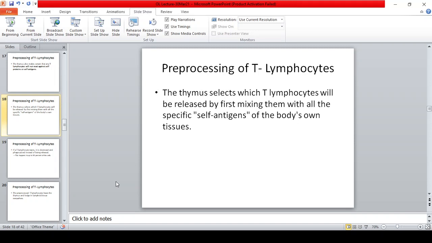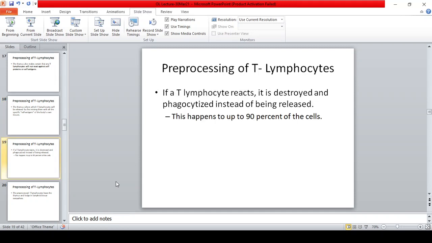So it gives them the chance to mix with the self-antigens of the body's own tissues, and then it identifies those lymphocytes which react. So after identification, if a certain T lymphocyte is reacting, it is destroyed and phagocytized instead of being released in the blood.